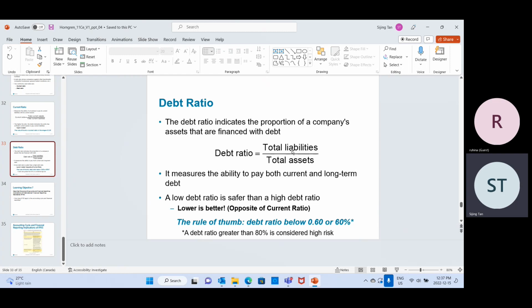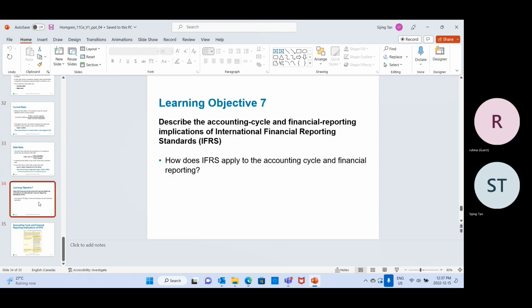We use total liabilities divided by total assets. Pay attention, it's total assets and total liabilities, not current. Right? Because the numbers will be different. Now, generally, a higher current ratio is preferable to a low current ratio. A low debt ratio is preferable to a high debt ratio. Those are the two different ratios.